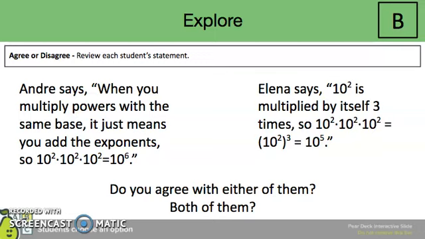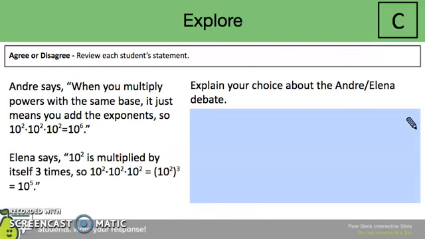Both of them? And so to quickly get a grasp of where students are at, you can make it into a multiple choice where it states, I agree with Andre, I agree with Elena, I agree with both students, I agree with neither. On the next slide, you can have students work on their actual explanations about the debate, providing what Andre and Elena had said.